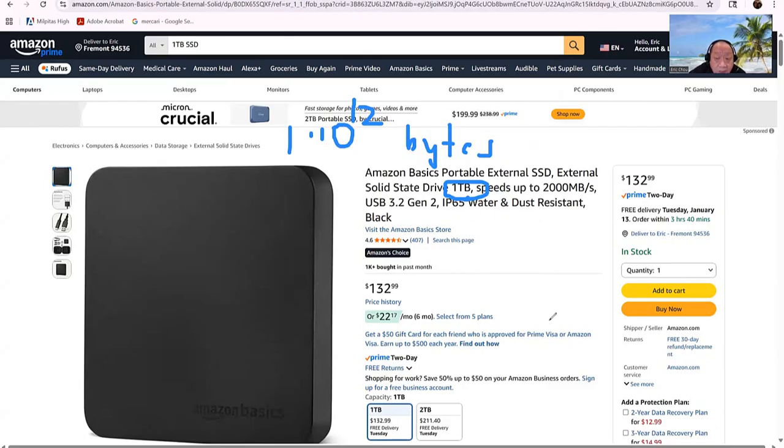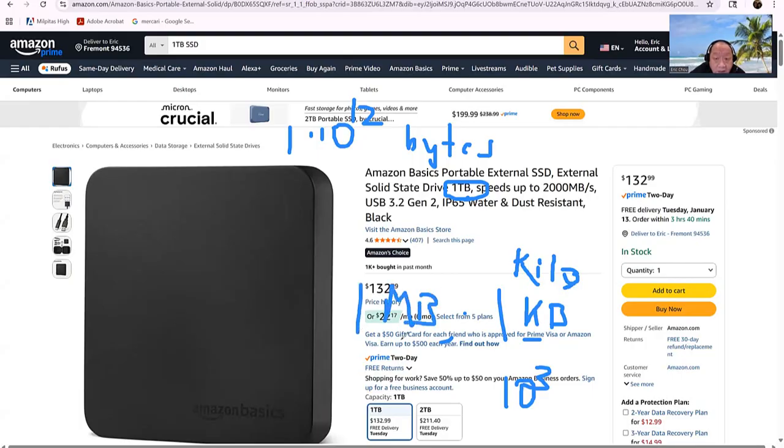That's actually 1 terabyte. So you need to know about 1 KB. K is kilo. You know kilo, right? Yeah. So kilo is 10 to the power 3. Okay. Then you would have 1 megabyte. That's 10 to the power 6, 1 million bytes. And then we have 1 gigabyte. That's 10 to the power 9. Right.